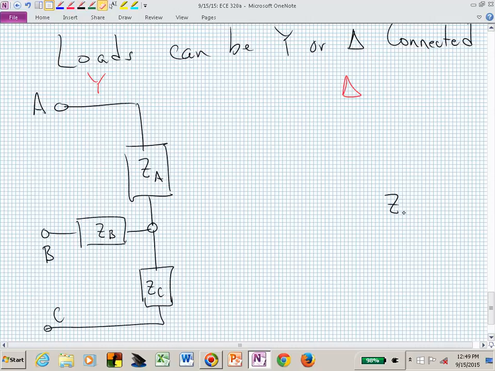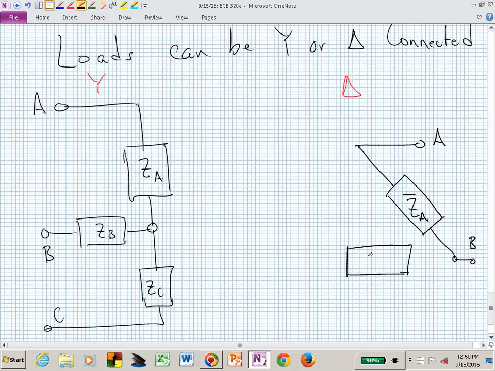Maybe to distinguish between these, this is not the same Z sub A necessarily. If you wanted these to look compatible or consistent between the terminals, or equivalent, then this impedance would not be the same value as the impedance in the Y connected.